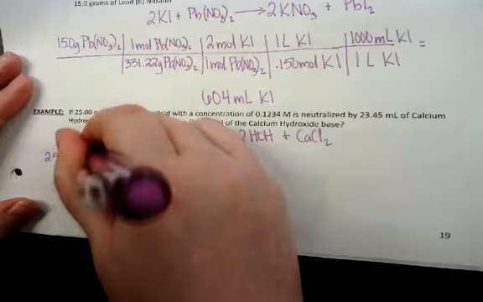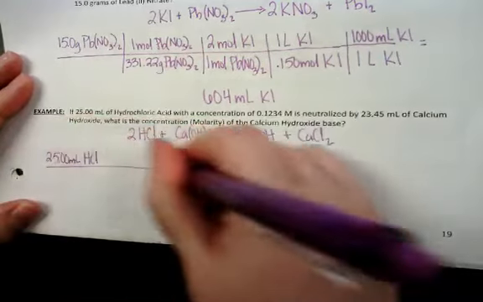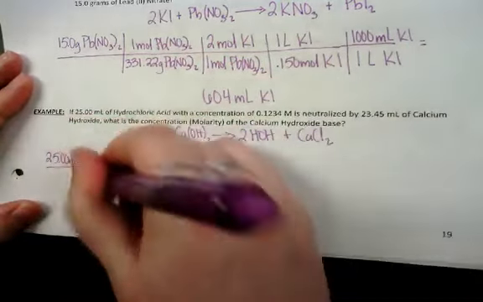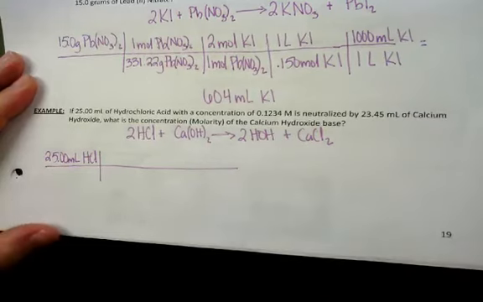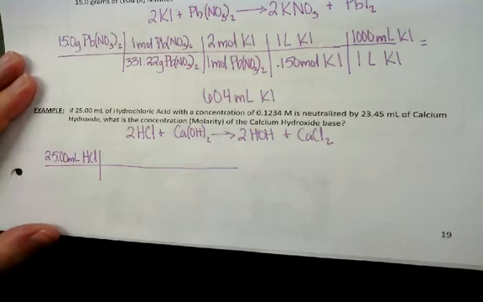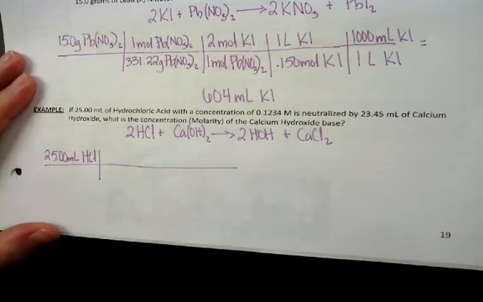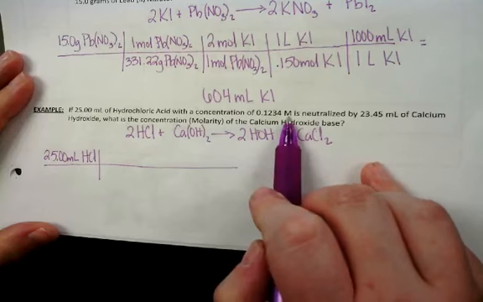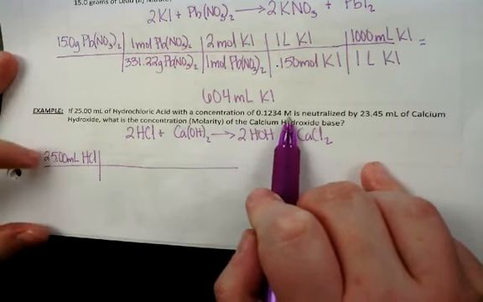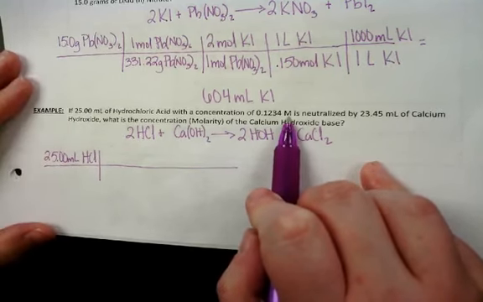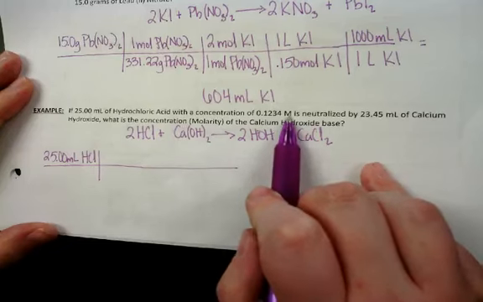Okay, and then we need to change substances. The only way we can change substances is by being in moles. So we have to get from milliliters to moles. The way that we can do that is we can use our molarity. So we need to get from milliliters to liters, and then we can use the molarity to get from liters to moles.